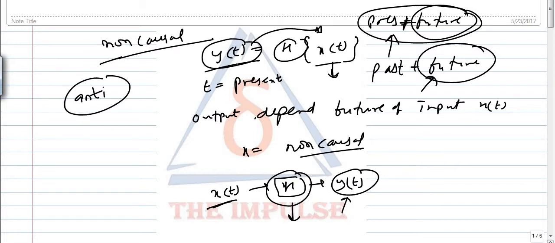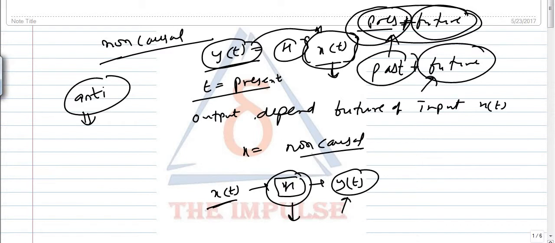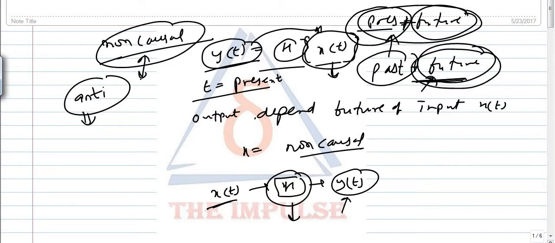If my output depends only on the future value of input for any present time t, then the system is called anti-causal. If the system depends on future values, but at the same time may depend on the present or past for some input, and it has some term actually dependent on future time, the system is called non-causal. So if a system is anti-causal, then it is non-causal, but if a system is non-causal, it may or may not be anti-causal. It is not necessary.